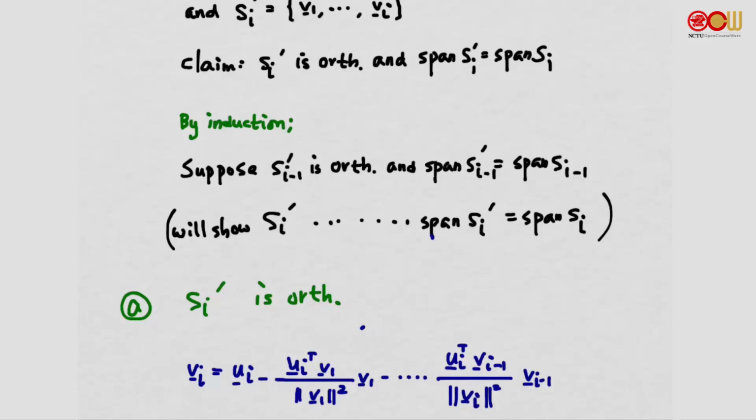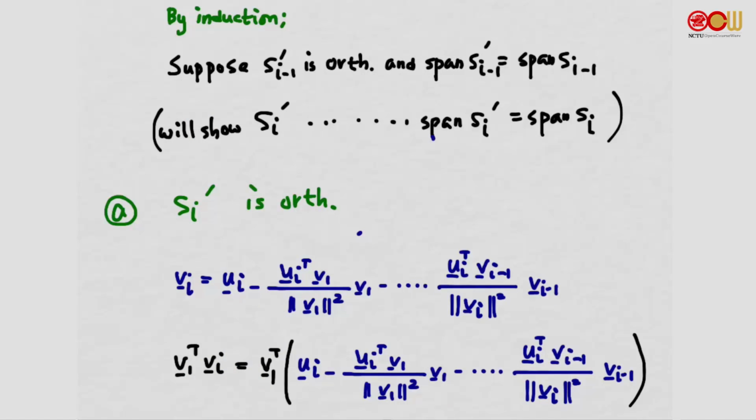Si prime has only one additional vector, which is the Vi, and this is how Vi is defined. To show that Si prime is orthogonal, we only need to show that this Vi is orthogonal to all the other vectors V1 to Vi minus 1. Why? Because we already know V1 to Vi minus 1 are orthogonal, because Si minus 1 prime is orthogonal.